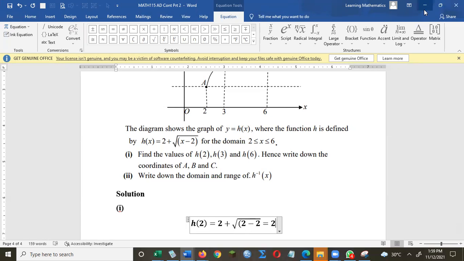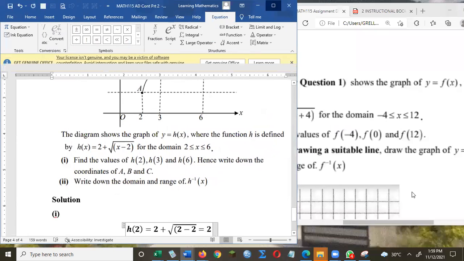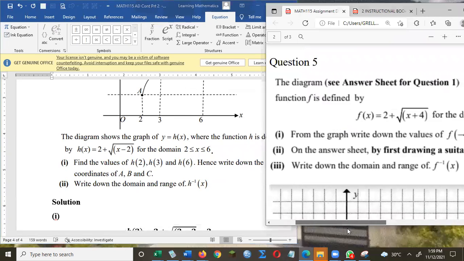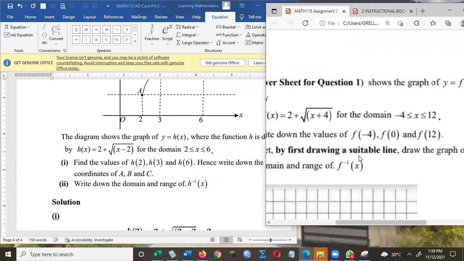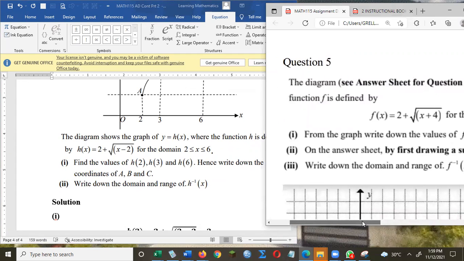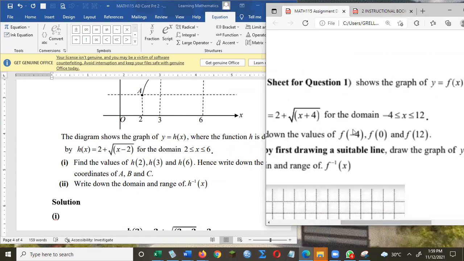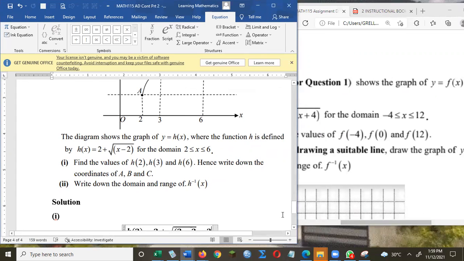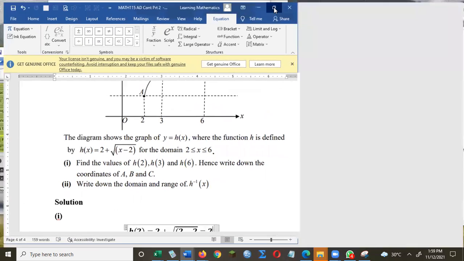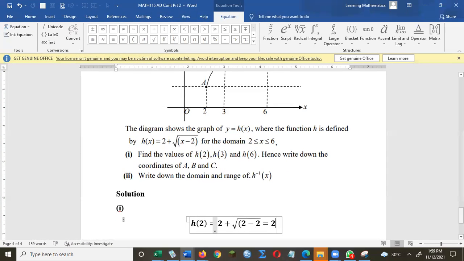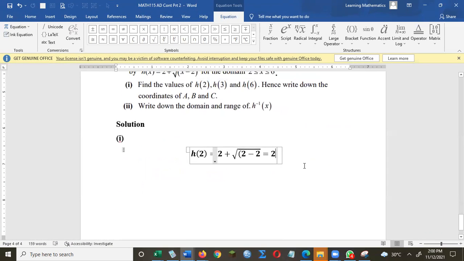So that's what you do when you reach number 5 part 1 and you want to find f of minus 4. Okay, so I repeat, if you want to find f of minus 4 when you reach number 5, we all know what to do. We're going to find what h of 3 is now. We have just found h of 2.